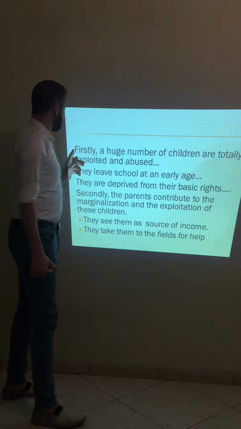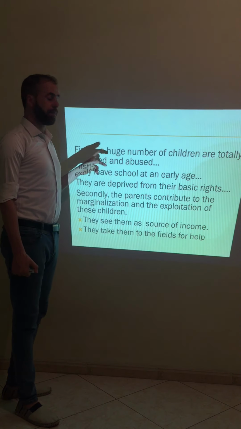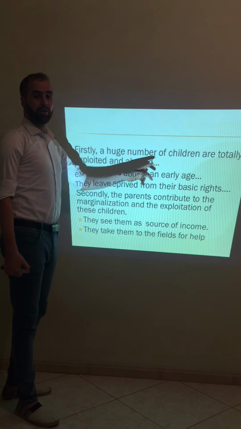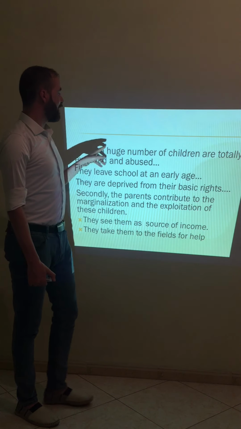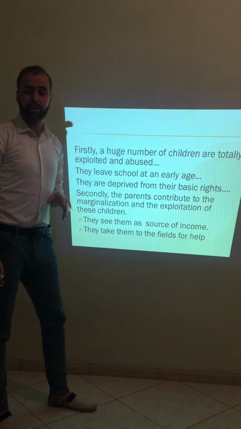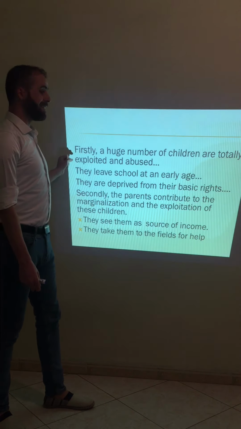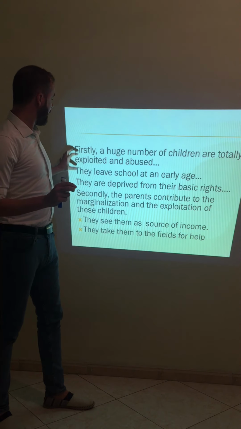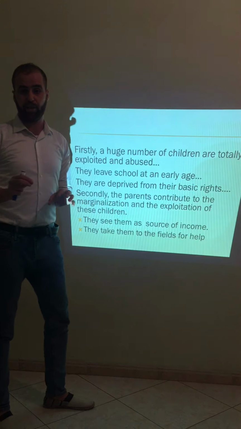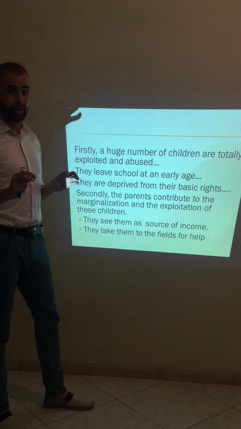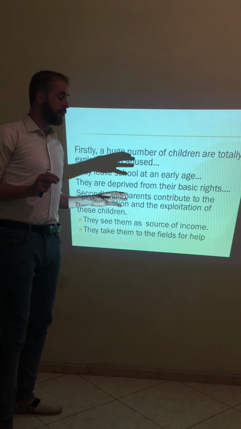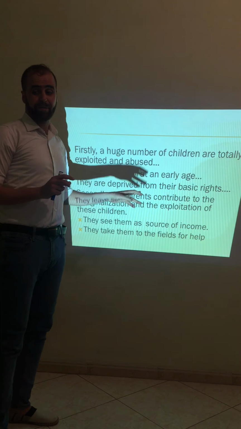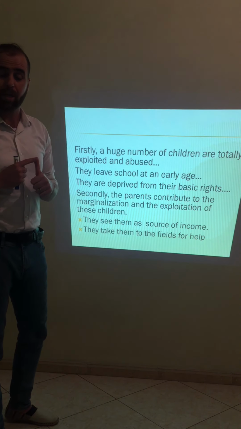Then comes the first paragraph of the body, with your details. First, a huge number of children are totally exploited and abused, and they leave school at an early age. This is dropping out of school. They are deprived of their basic rights.